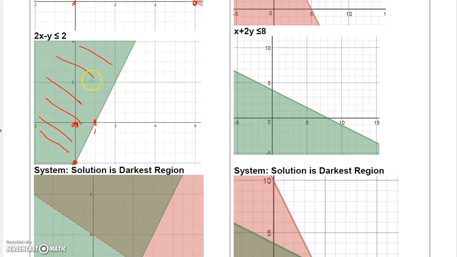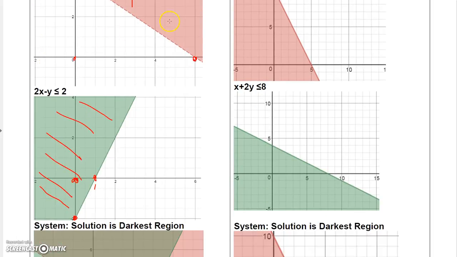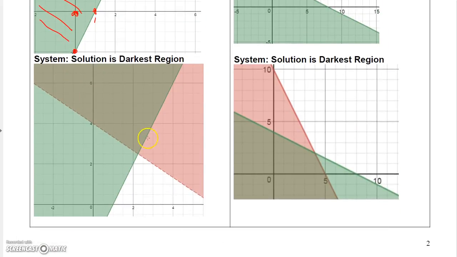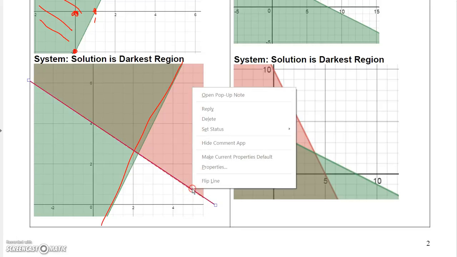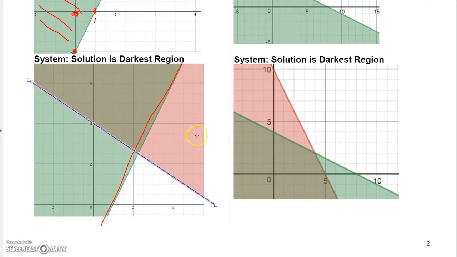Well, now, to actually graph the system of linear inequalities, you put these two regions together and look for the overlap. So here's one line. Remember this line went through here, and then this other line was a broken line, and it went through here. What you want to do is find where those two regions that we shaded earlier overlap.